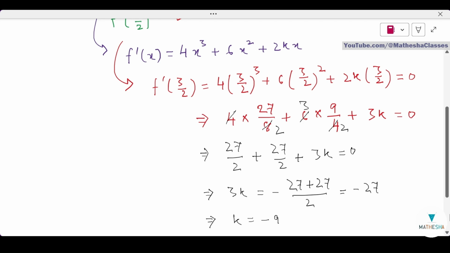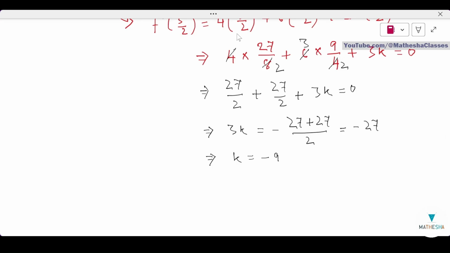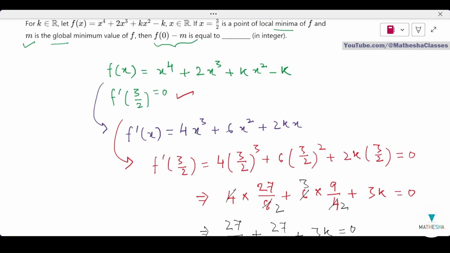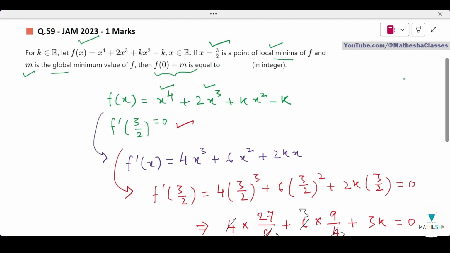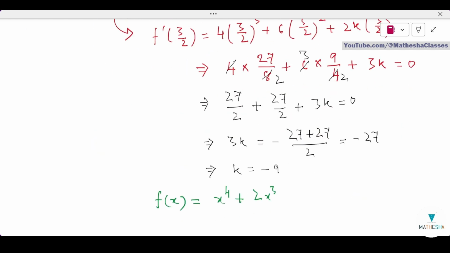Putting the value in the expression of f(x), we are getting f(x) to be equal to x4 plus 2x cube minus 9x square plus 9, since k equal to minus 9.